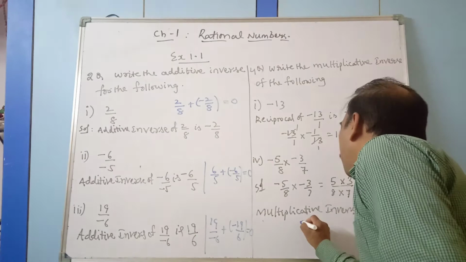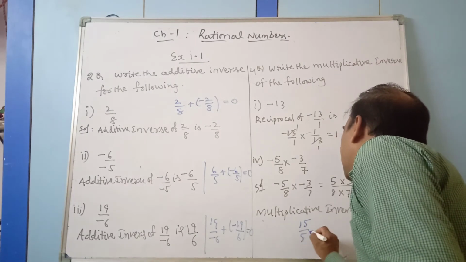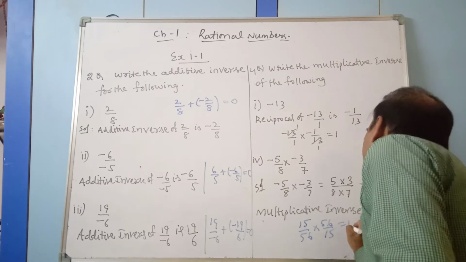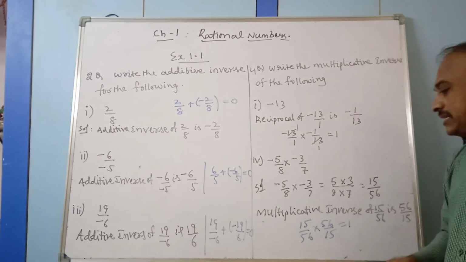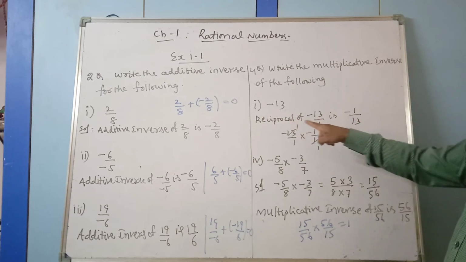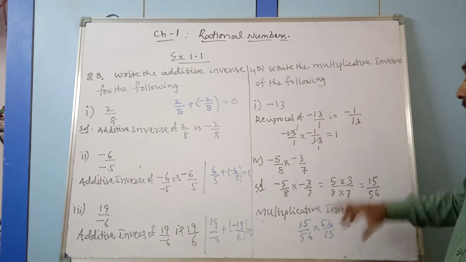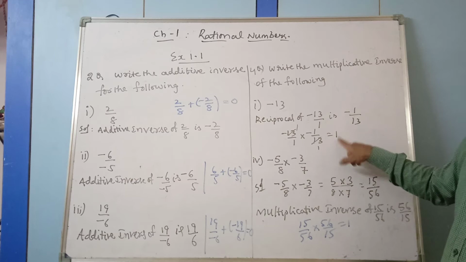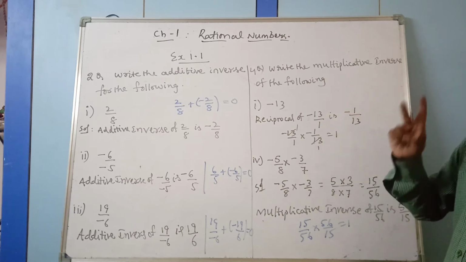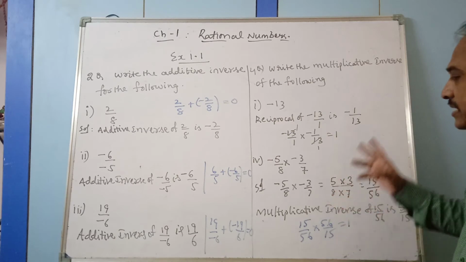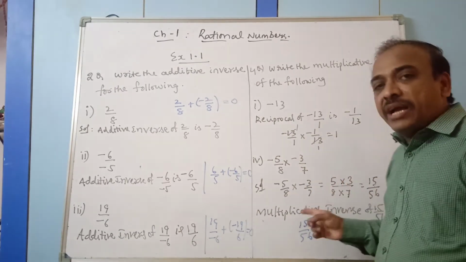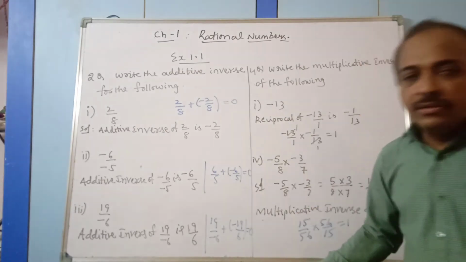So 15 by 56 into 56 by 15, the result is 1. This is how we find the reciprocal. You don't need to get this product, but I am just explaining why it is multiplicative. The product of a number and its multiplicative inverse is always equal to 1. I hope it is clear.